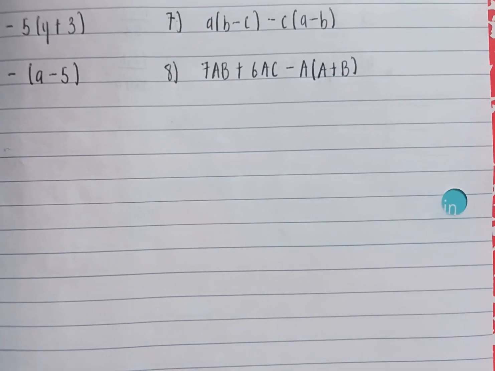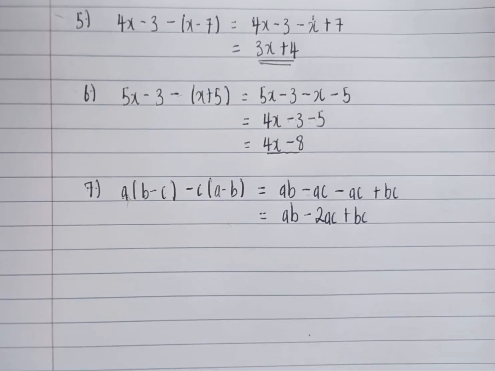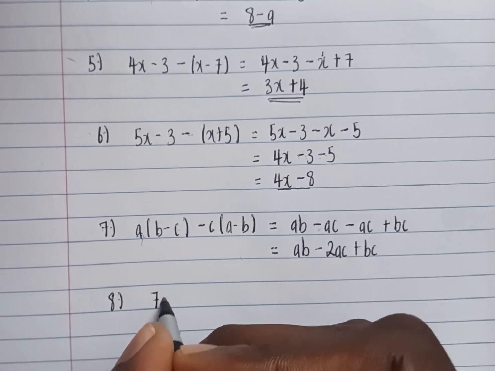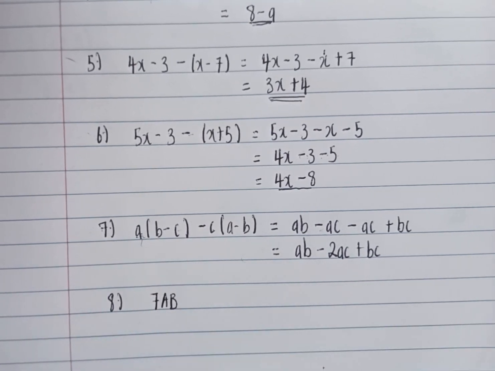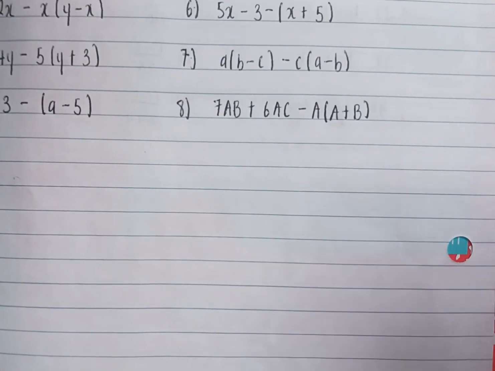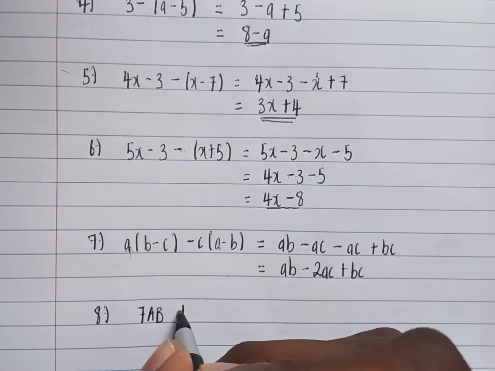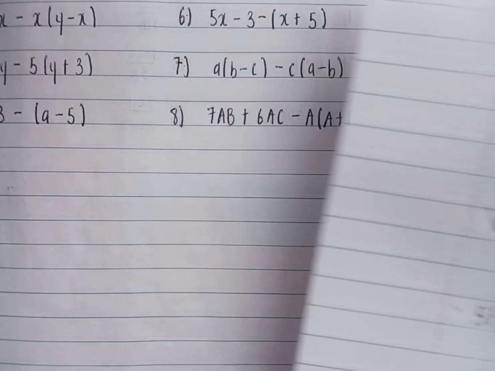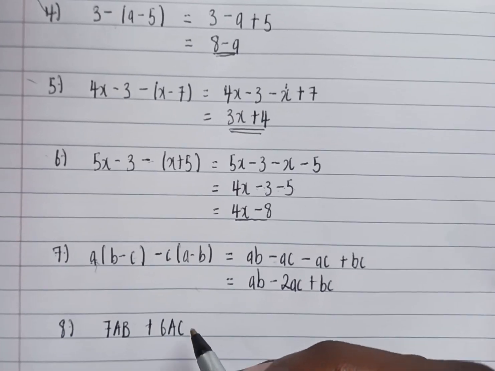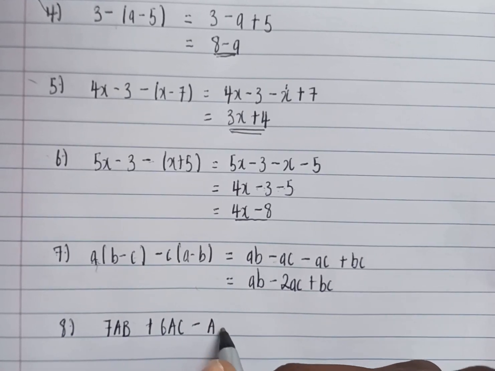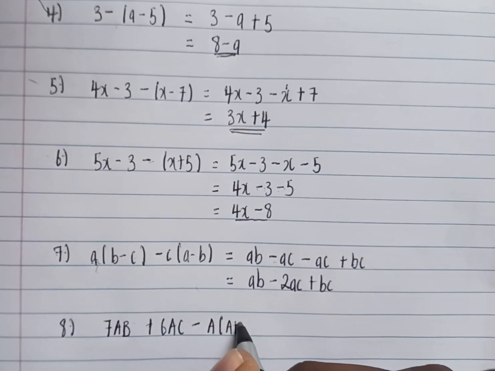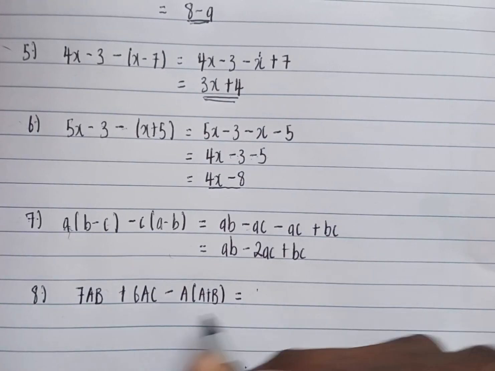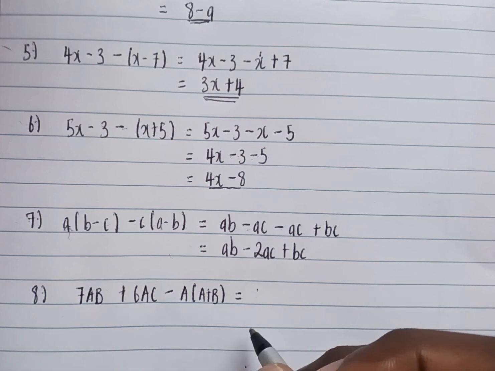Number 8, I have 7AB plus 6AC minus A times A plus B. This one cannot be evaluated as is because they are unlike terms.